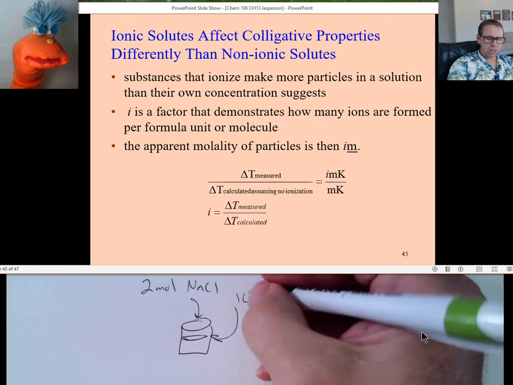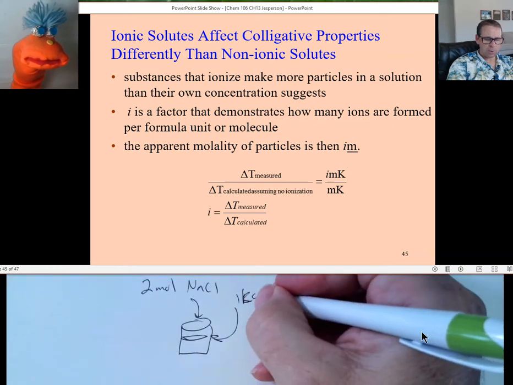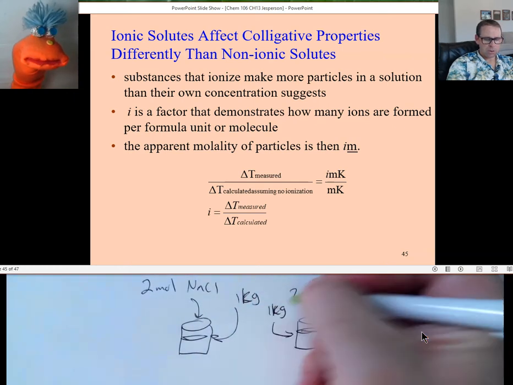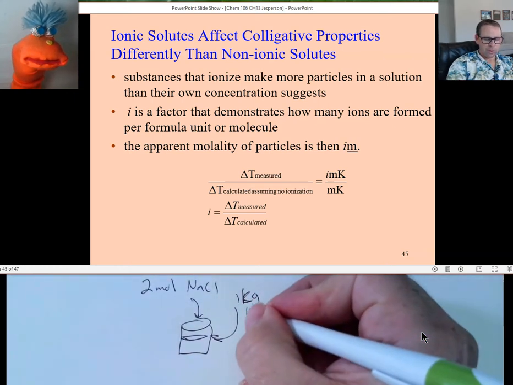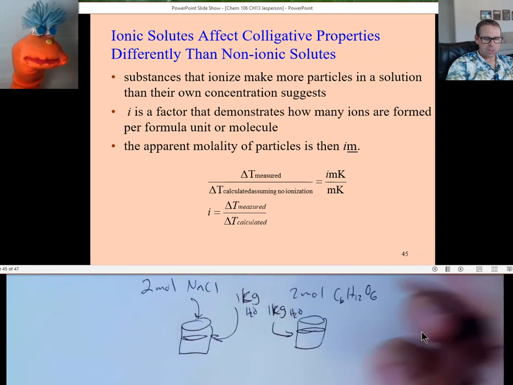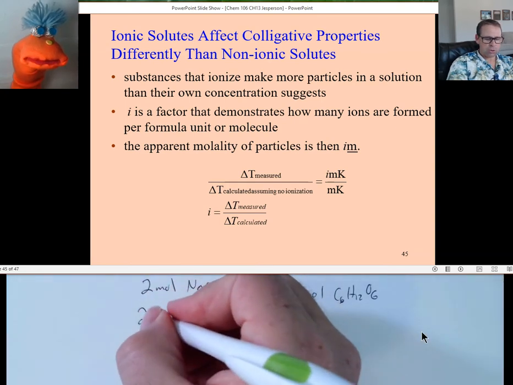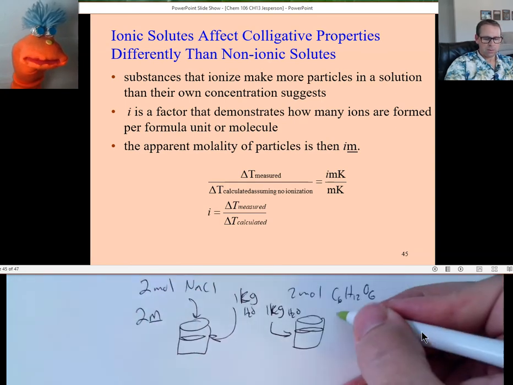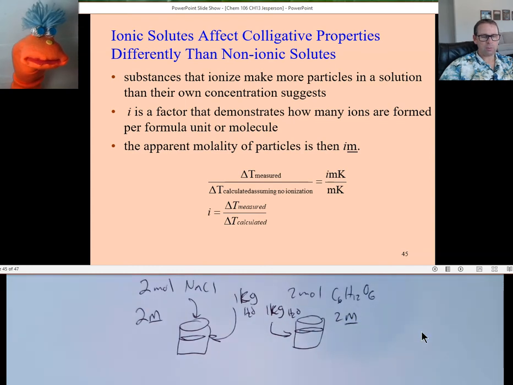Actually, I should say 1 kilogram of water. So now we essentially have not just 2 moles, but 2 molal of both of these solutions.